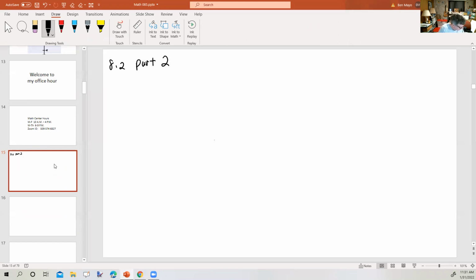Okay, so this first set of problems says find the domain of each function. The domain would be the input values, or the x values, or the first coordinate values.